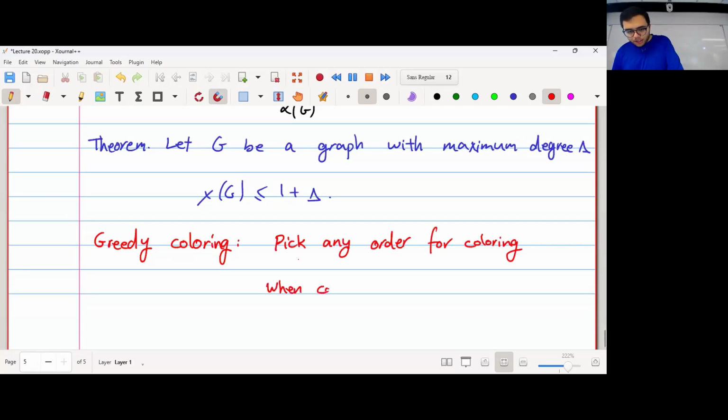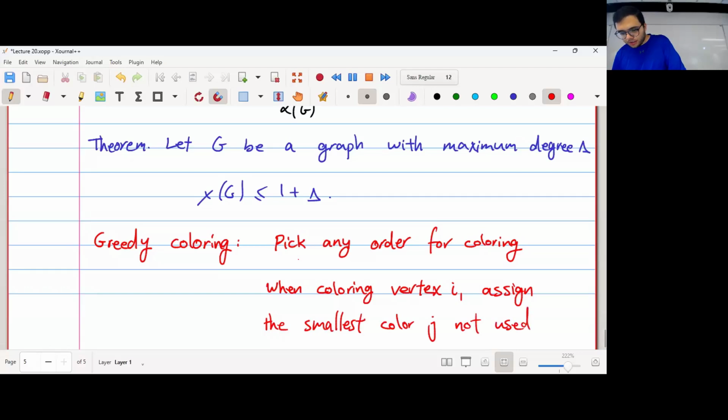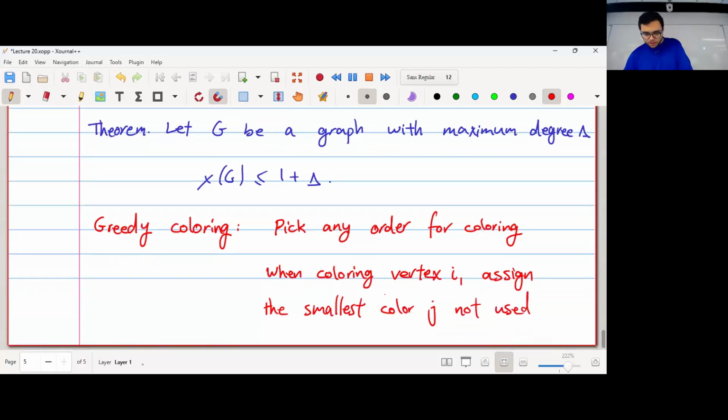When coloring vertex I, assign the smallest color J not used in neighbors of I. Okay. That's it, that's the algorithm.